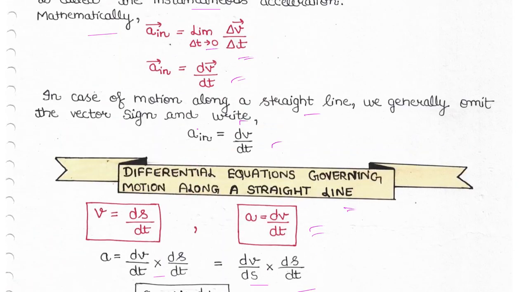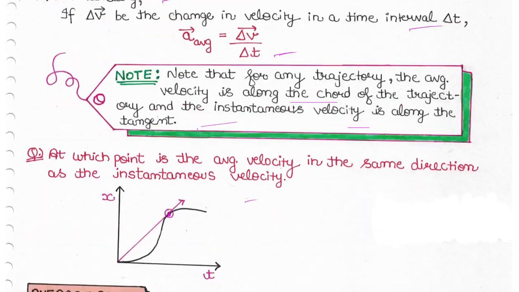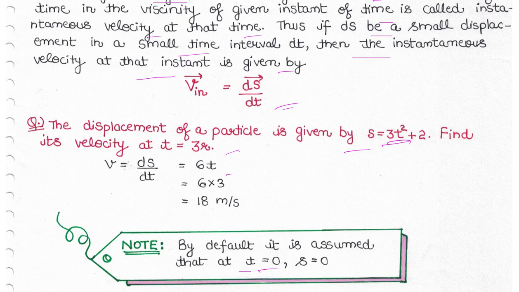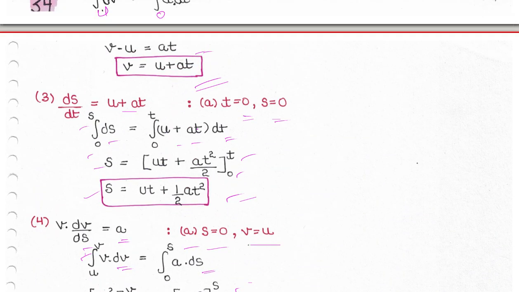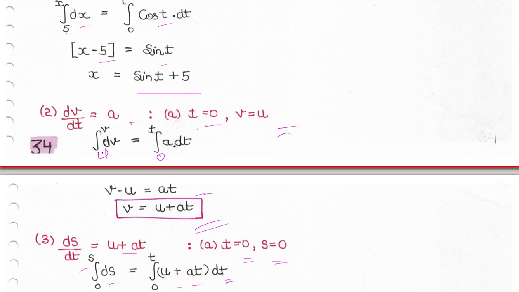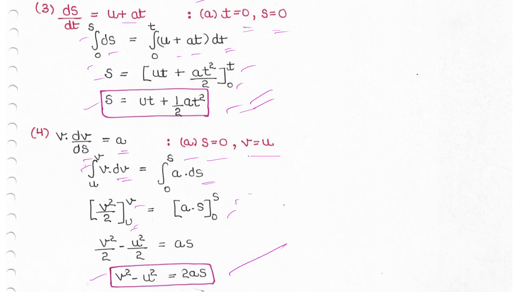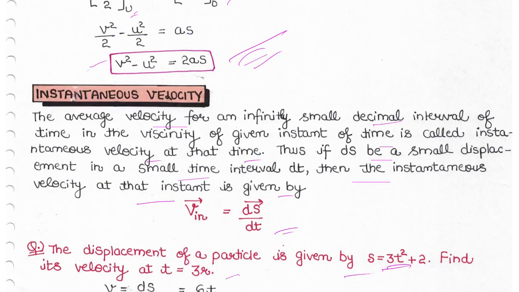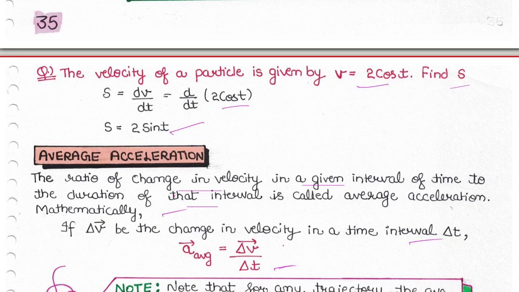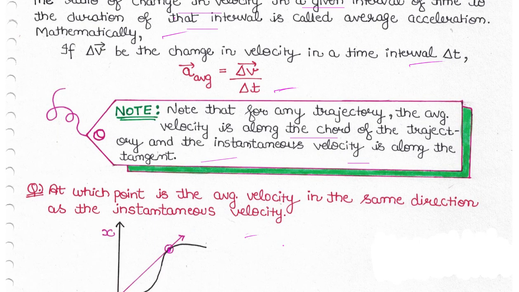So you can find these three equations here: this is our first equation, this is our second equation, and this is our third equation. Okay, so already we did this.